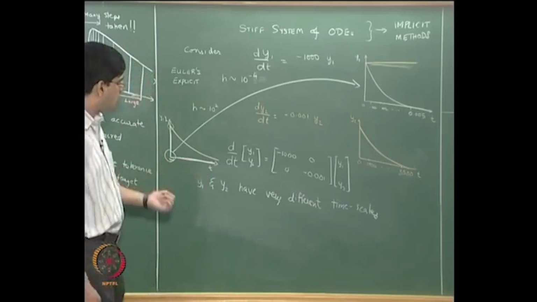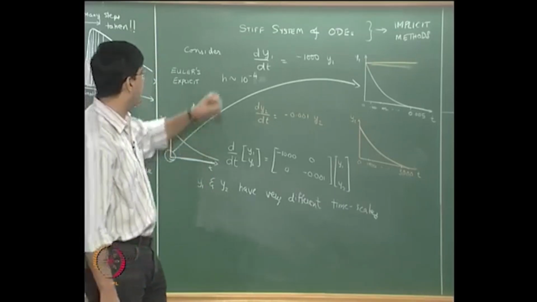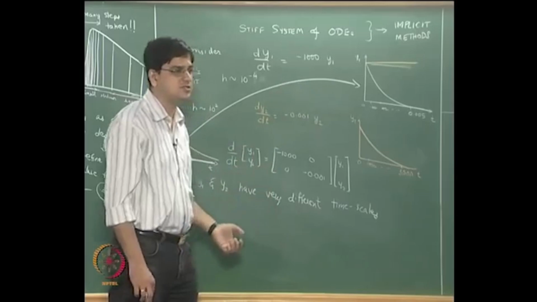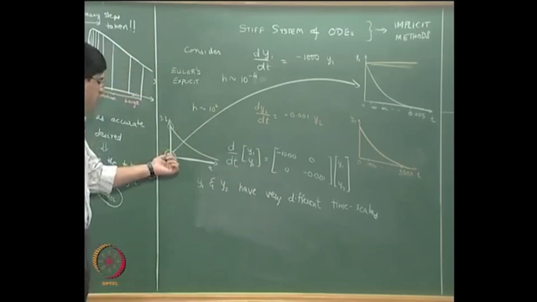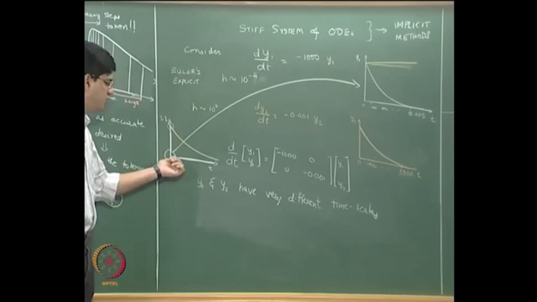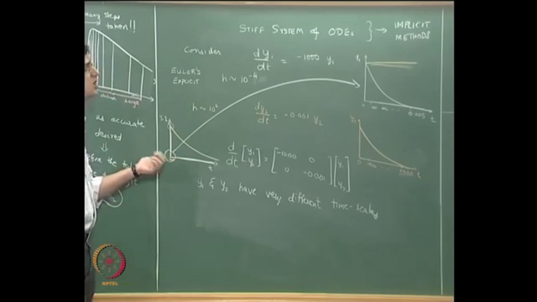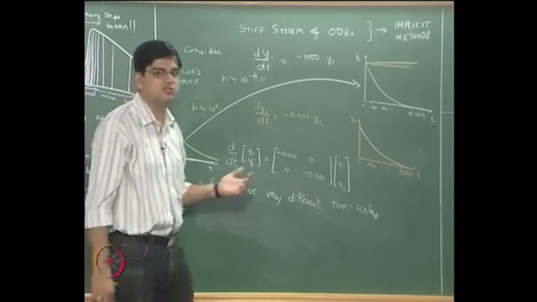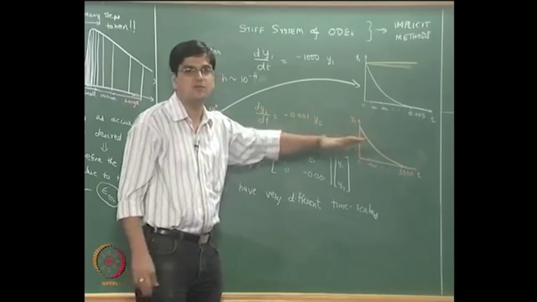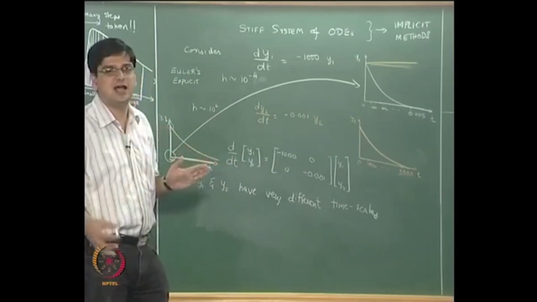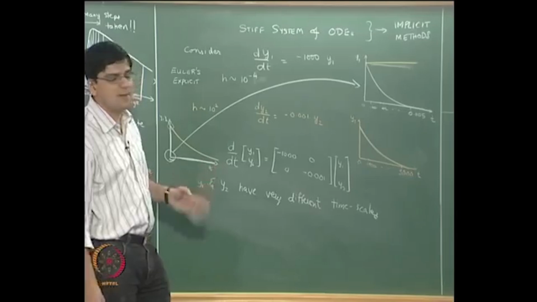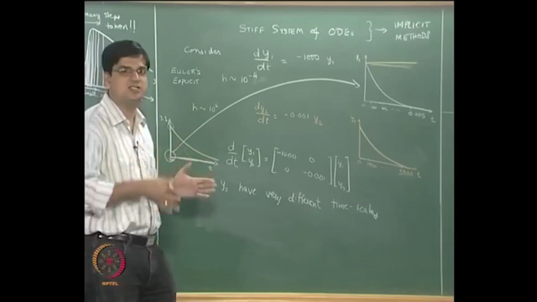Now, why we require an implicit method and not an explicit method is that, even if we use adaptive step sizing with an explicit method, the solution would not have gone to 0 in a finite amount of time. When we start taking larger step sizes, the solution is going to be unstable.